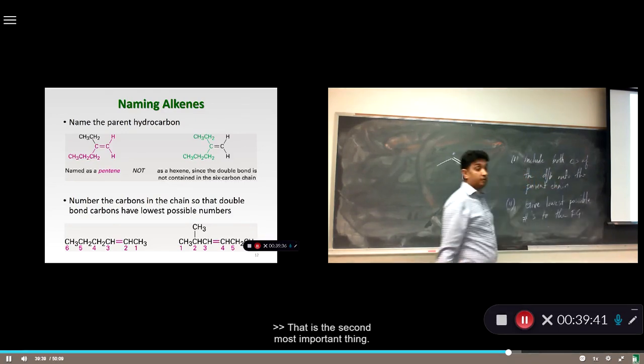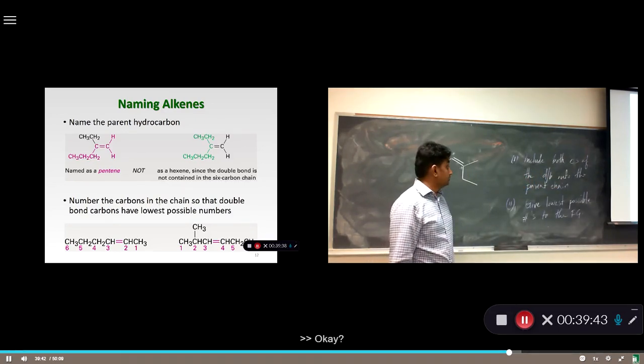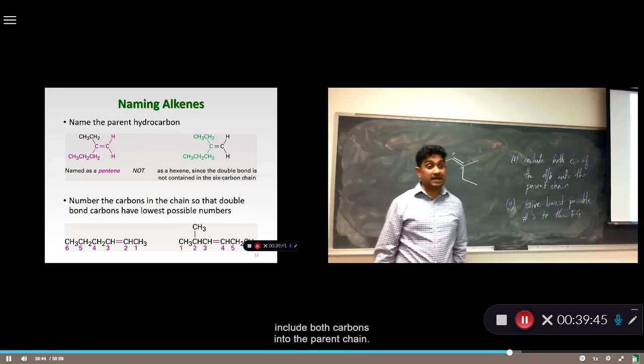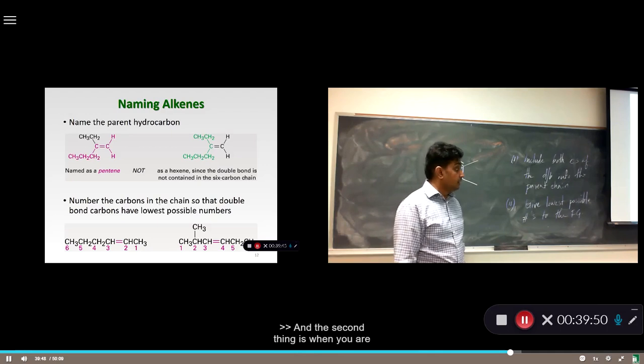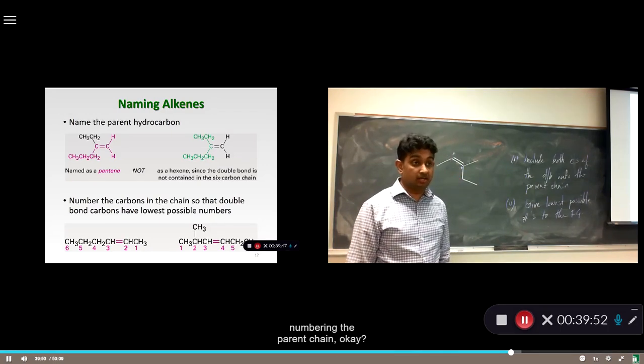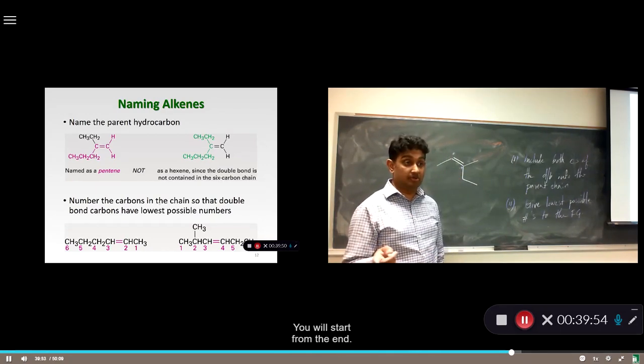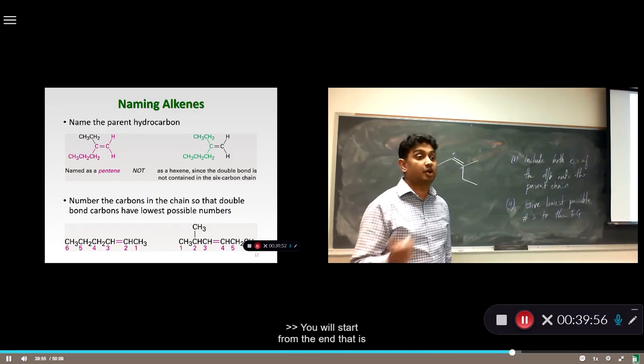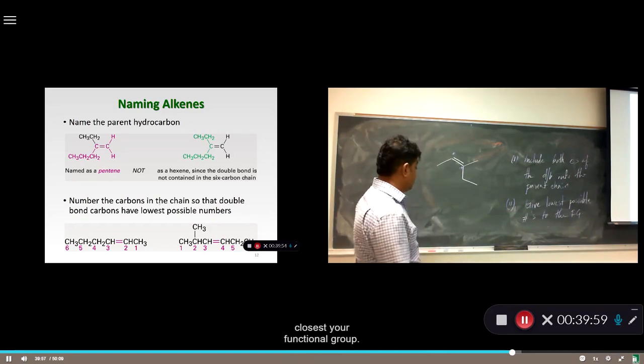That is the second most important thing. Okay, so first thing is, of course, include both carbons into the parent chain, and the second thing is, when you are numbering the parent chain, you will start from the end that is closest to your functional group.